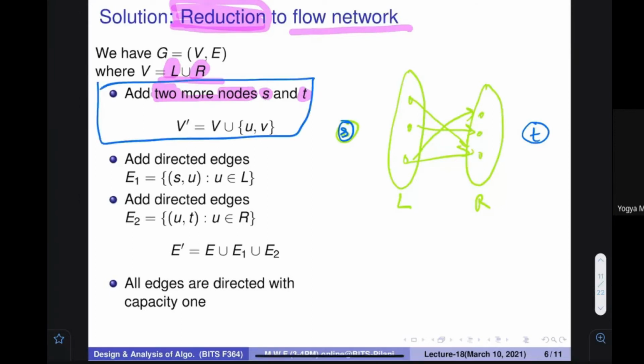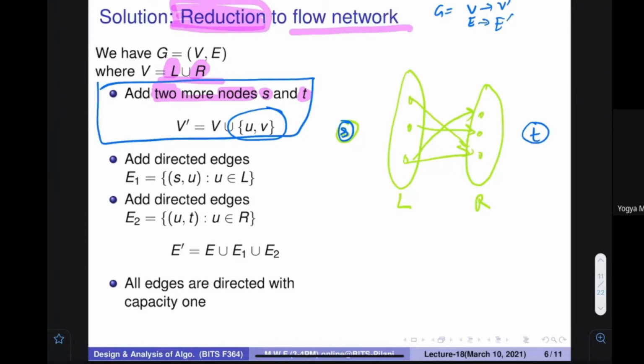Because the graph was given to you, it has vertices and edges. So this vertex set V becomes V dash by adding two more items, S and T. Second, now I'm going to make this E into E dash by adding a few more things.